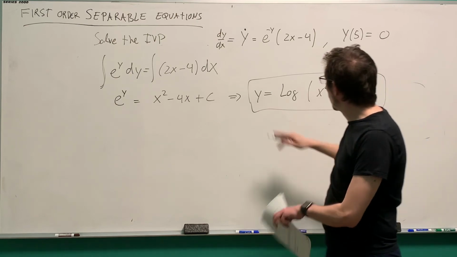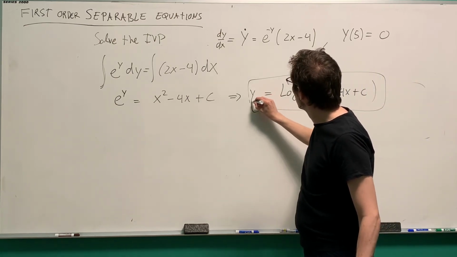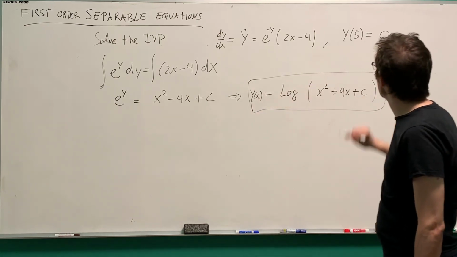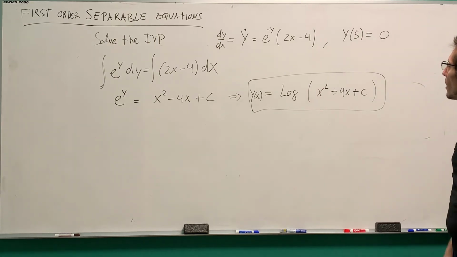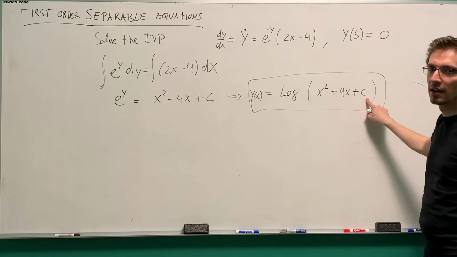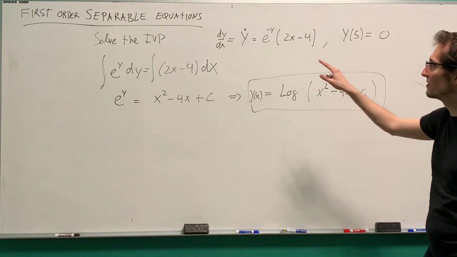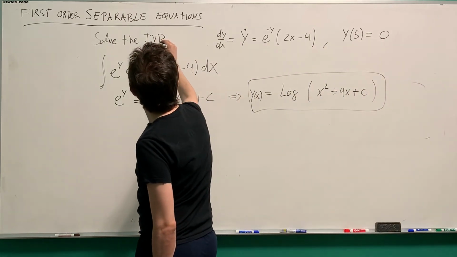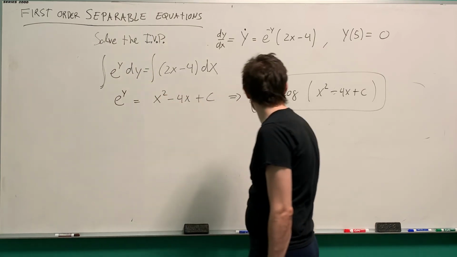So this would be y of x, but we actually want to find the solution in particular, y of 5 is equal to 0. What does that mean? It's determining the value of the constant to get the particular solution that satisfies this initial value problem.